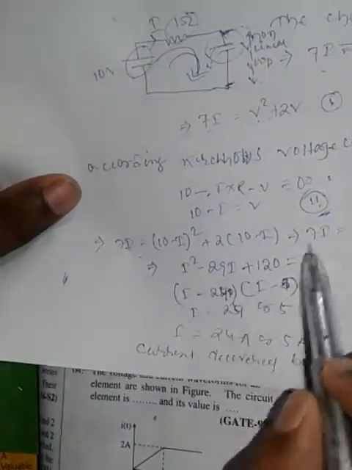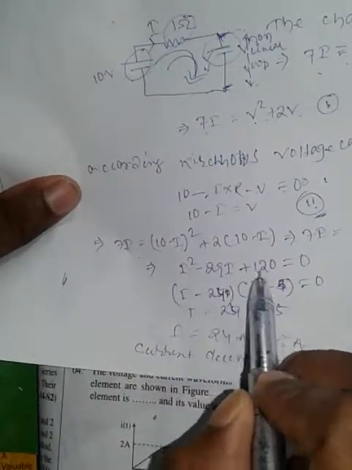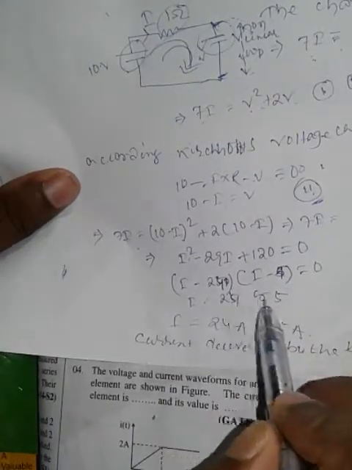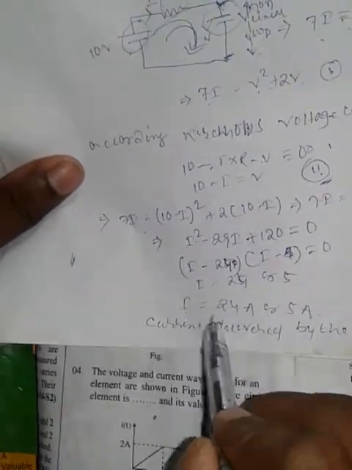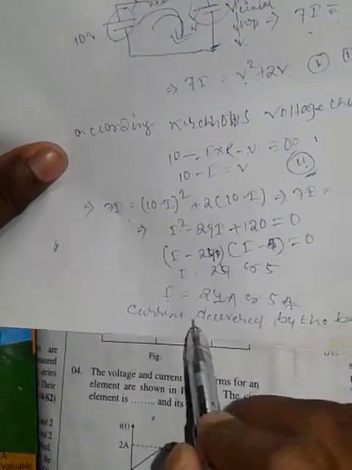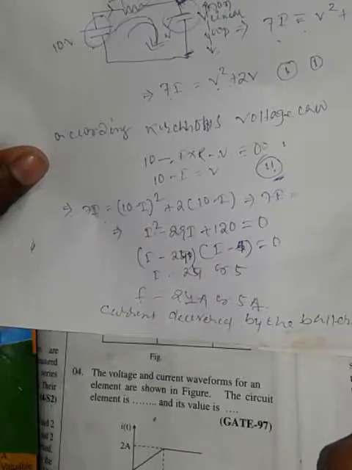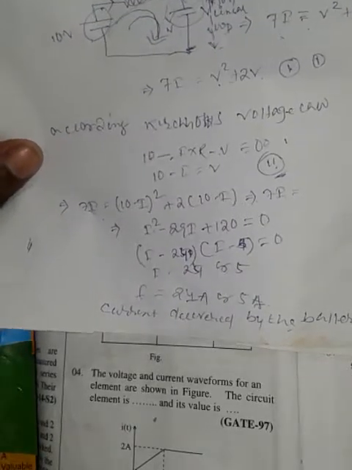Calculating this part, 7I square minus 29I plus 120, simplifying this, I is equal to 24 or 5. So the current will be either 24 ampere or 5 ampere.